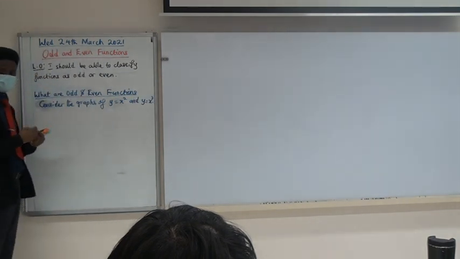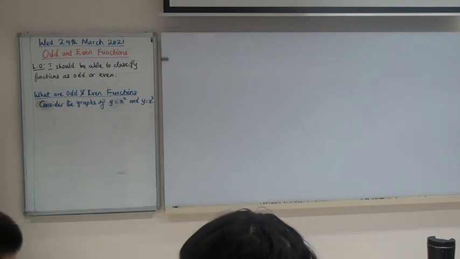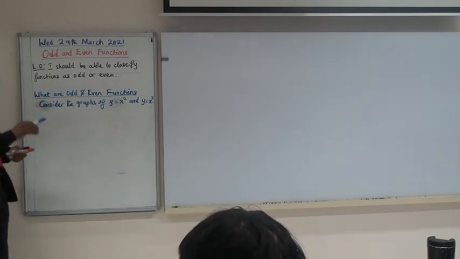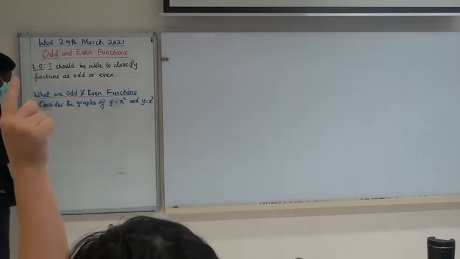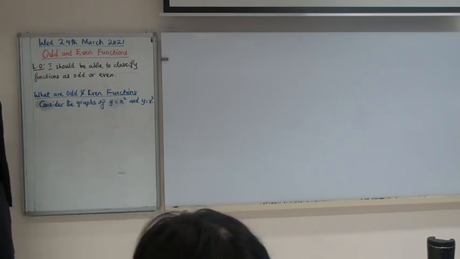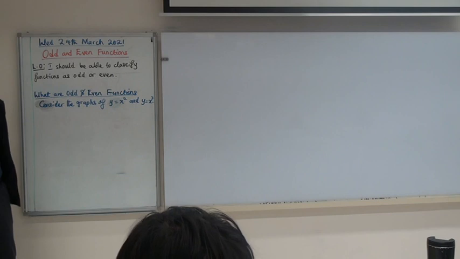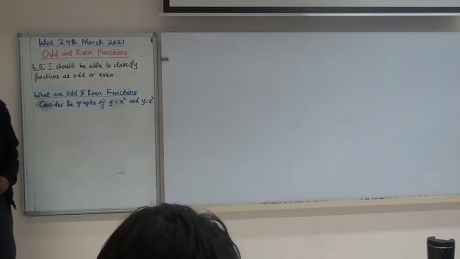Do you have a computer with you? Even though we haven't done x cubed, can you sketch it on your Desmos and tell me what it looks like? I'm waiting for us to do transformation of shapes before I teach you cubic and quartic functions.